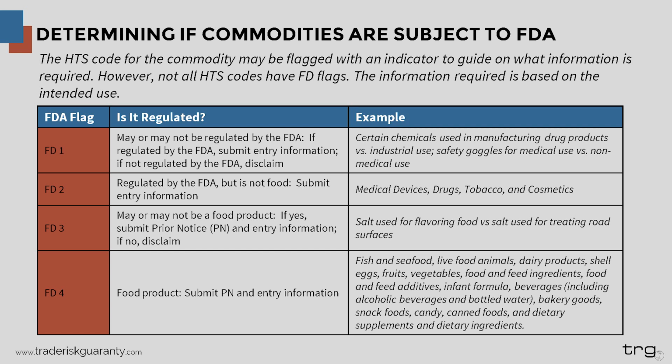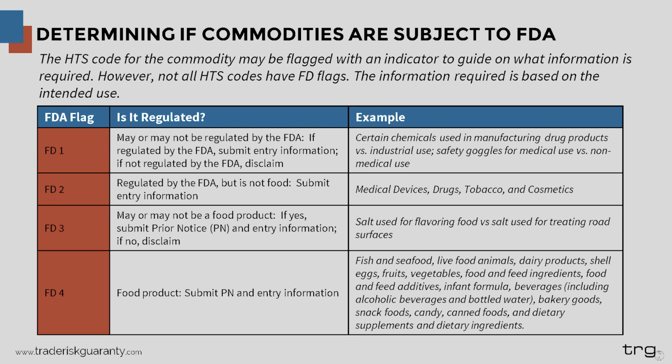However, going back to the chemical example there, the chemicals used for manufacturing drug products obviously are going to be regulated by the FDA. It is being used for a drug product. However, those for industrial use, if they're not being used in a way that's going to be ingested by a living being, potentially are not going to be regulated by the FDA.